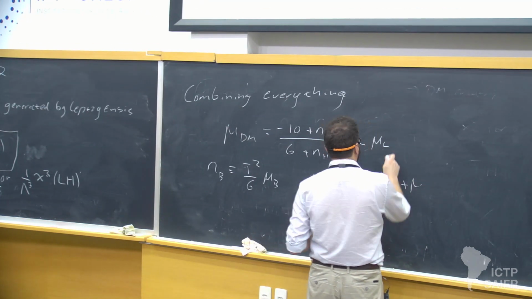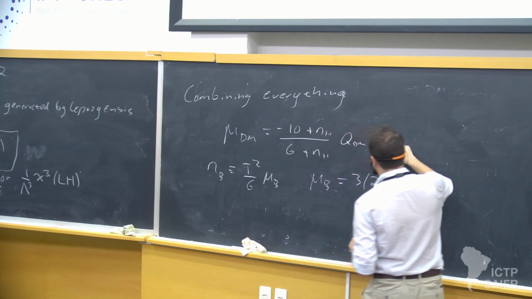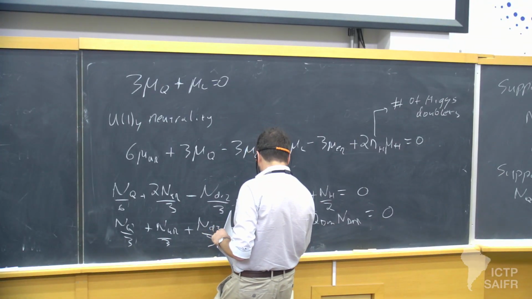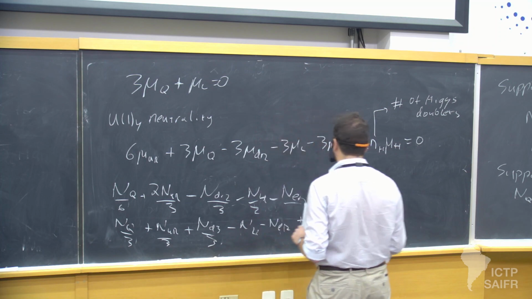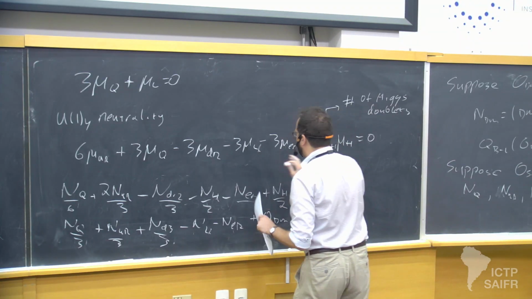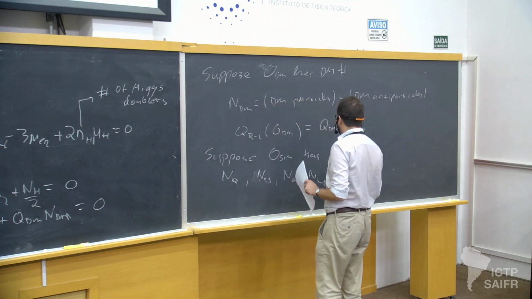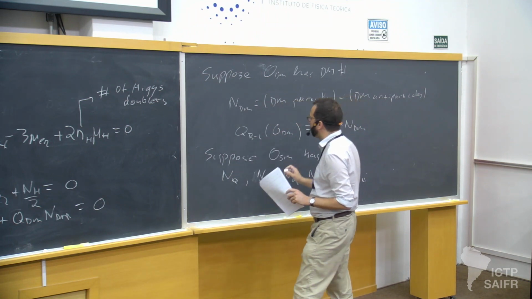I should write this. This is the lepton doublet chemical potential. So I should have put here lepton doublet chemical potential everywhere to distinguish this from the chemical potential of the lepton asymmetry, okay?